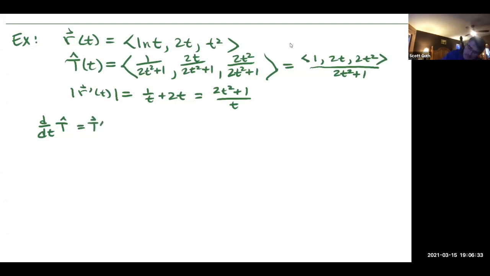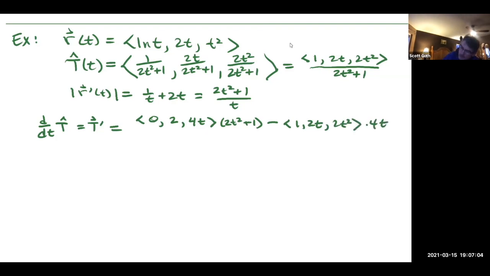So point is, I'm going to do a quotient rule. I'm going to do the derivative of the top, which is going to be 0, 2, and then 4t, times the bottom, which is 2t squared plus 1. And then minus the top, 1, 2t, 2t squared, times the derivative of the bottom, which is just 4t, over the bottom squared.